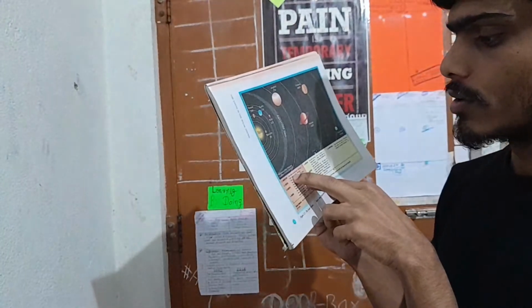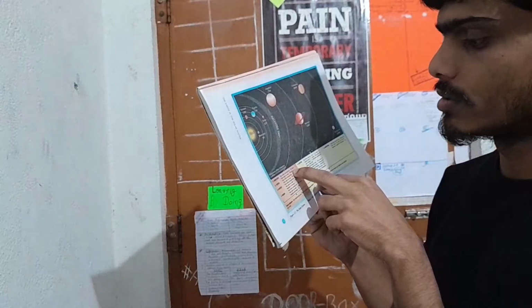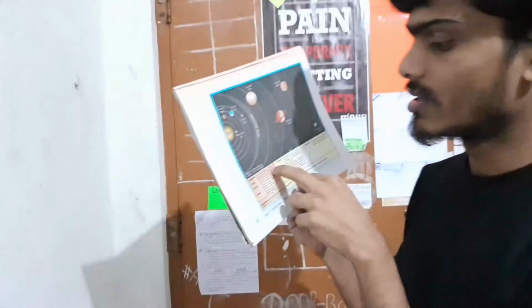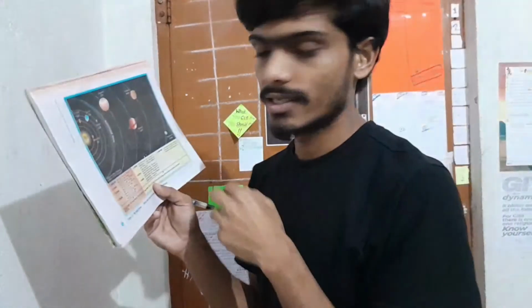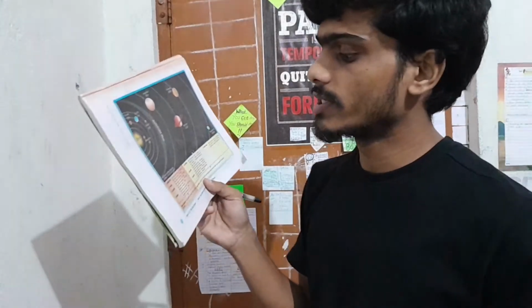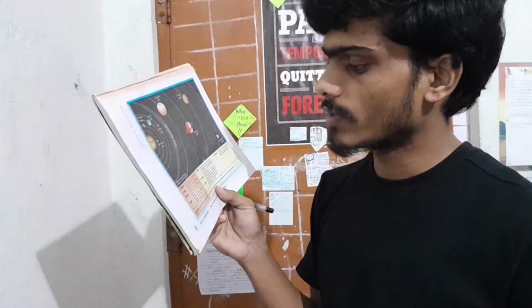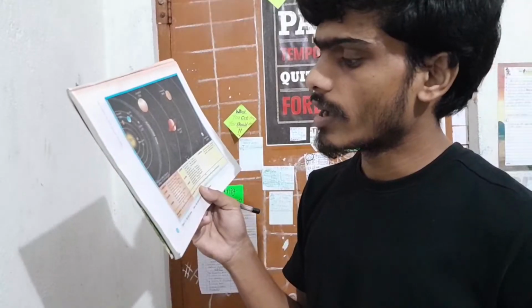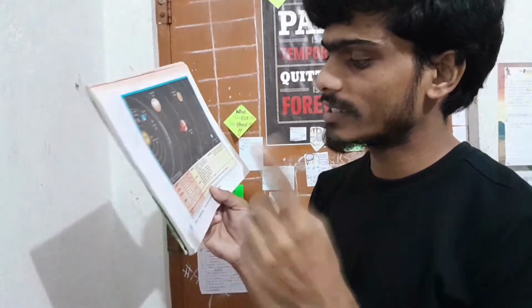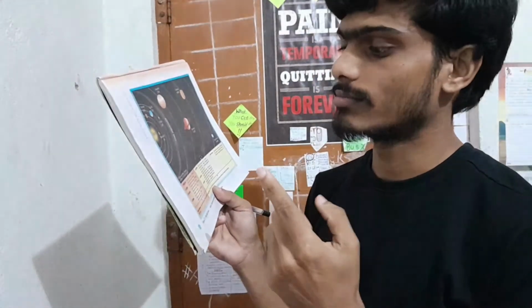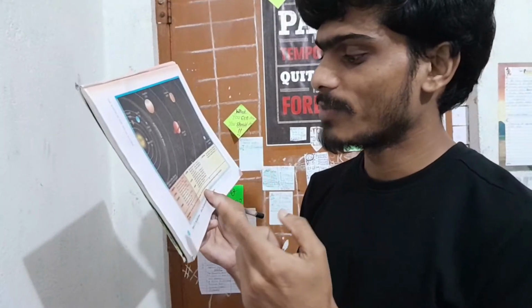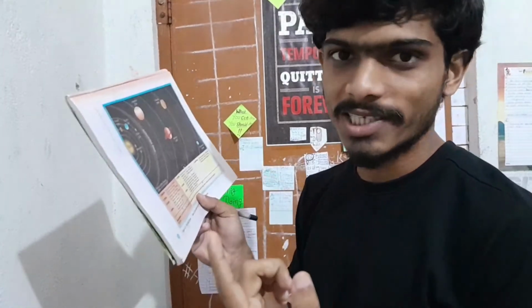Mercury: one orbit around the Sun takes 88 days. It is quite small, and one spin on its axis is quite large, 59 days.